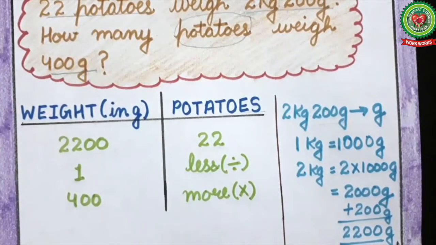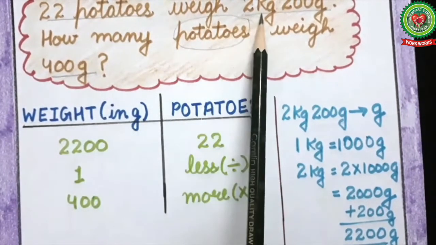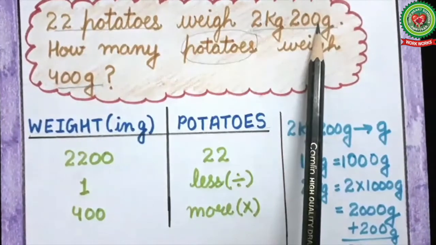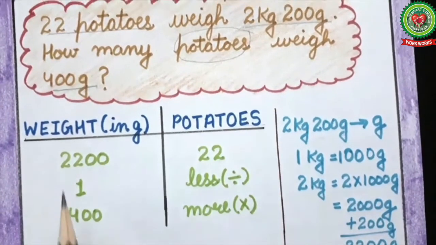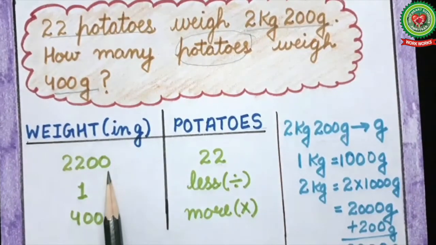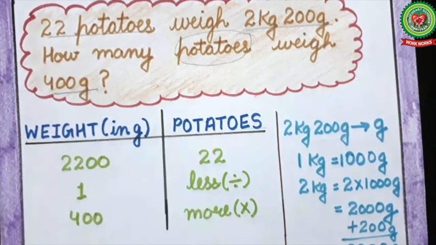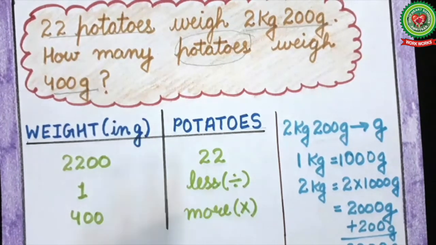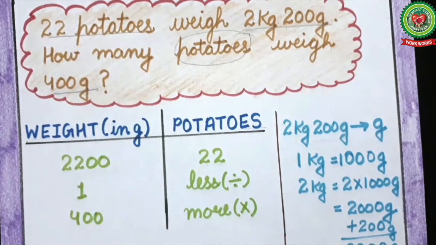2200 grams. So here we have given 22 potatoes weigh 2 kg 200 grams. Now 2 kg 200 grams are converted into 2200 grams. So under the weight we will write down 2200 instead of 2 kg 200 grams. Potatoes are 22 and we need to find the potatoes for the 400 gram.